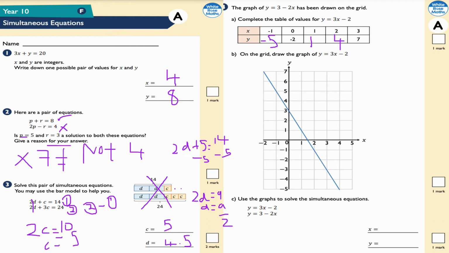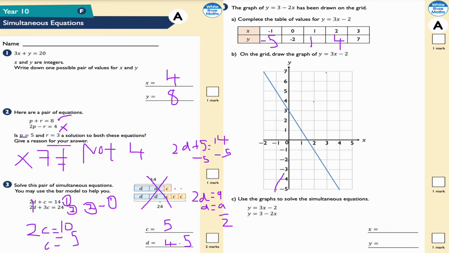Part B. On the grid, draw the graph of y equals 3x minus 2. So minus 1, minus 5, sorry. 0, minus 2. 1, 1, okay, 2, 4, and 3, 7.